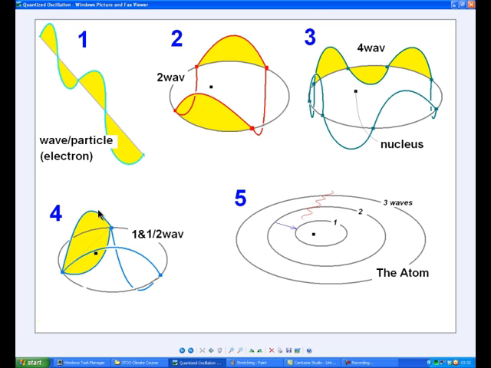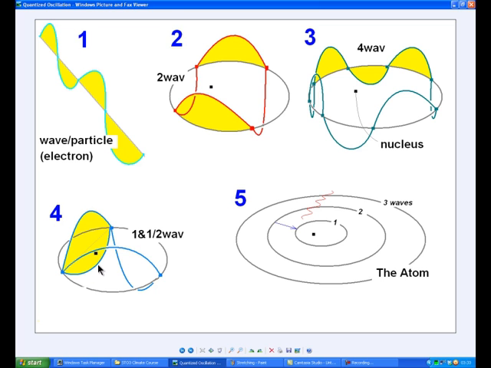So now you can imagine if this is a wave, let's say this is positive charge up here, and this is negative charge down here. So the positive and the negative are actually going to cancel each other out. So what happens when they're cancelled out? Well, it means that there's nothing there. And if we were to continue around this ring, or this energy level, the wave would disappear because of this positive and negative effect happening at the same time.